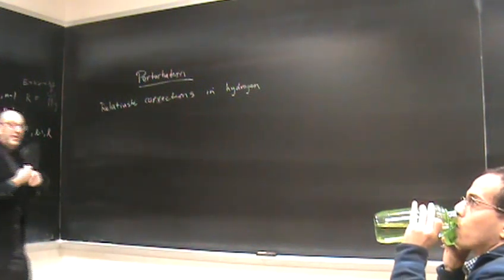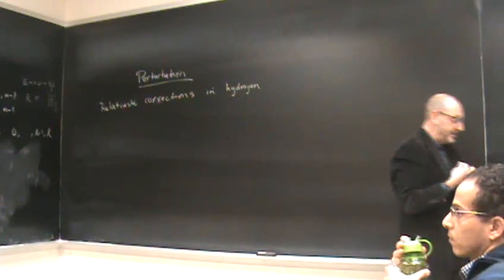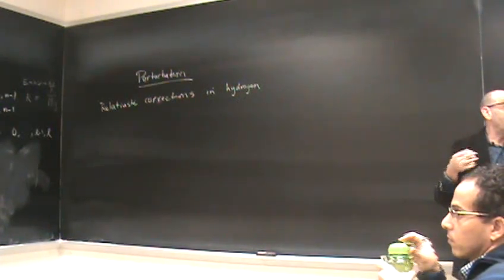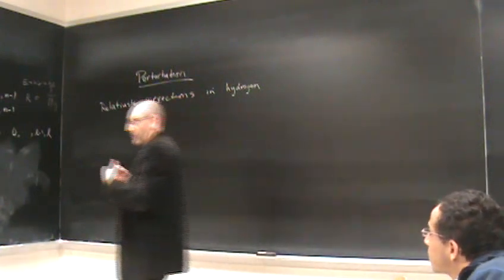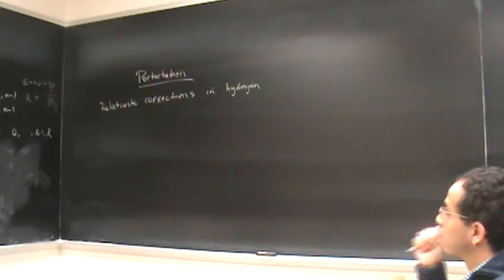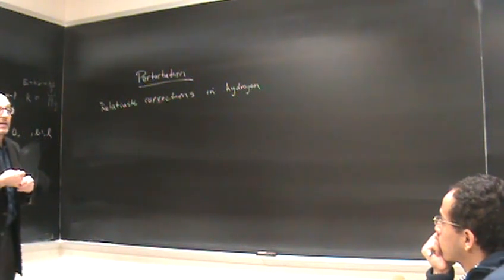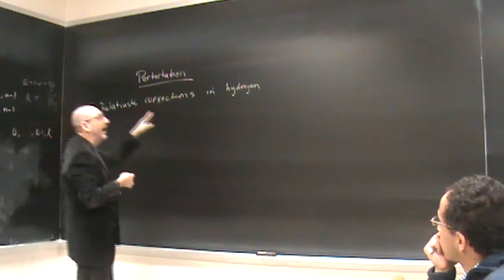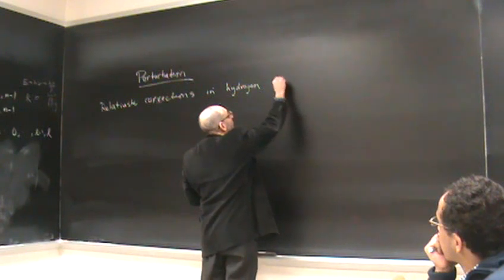There are other relativistic corrections. The kinetic energy is not just p squared over 2m, because there is energy in the mass, mc squared, right? So there's a relativistic kinetic energy. So there are terms in hydrogen that are small.